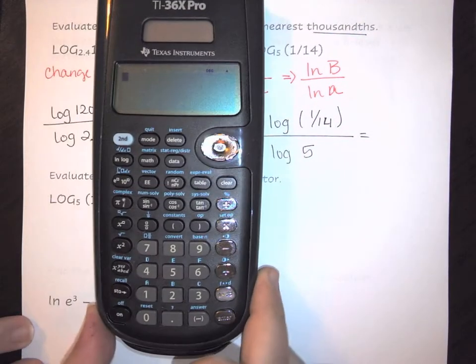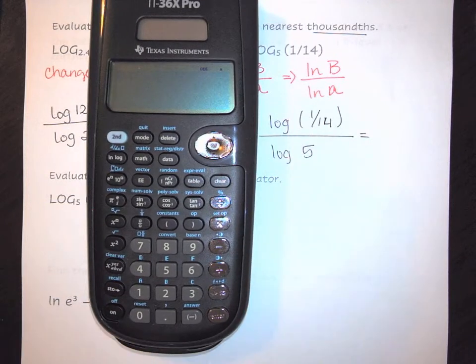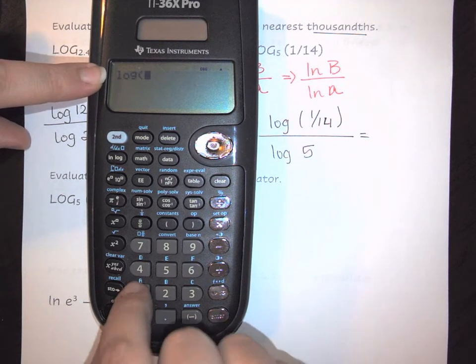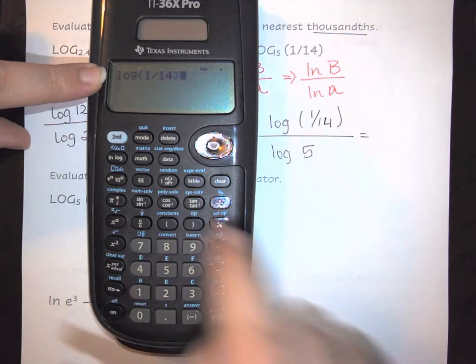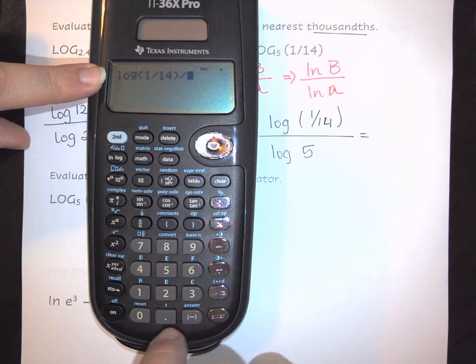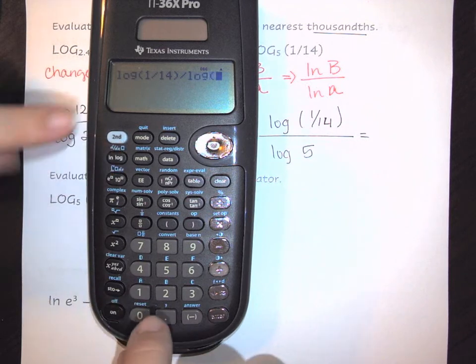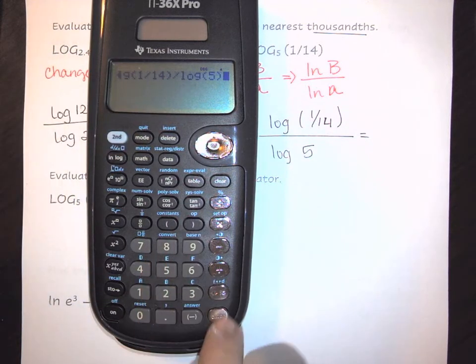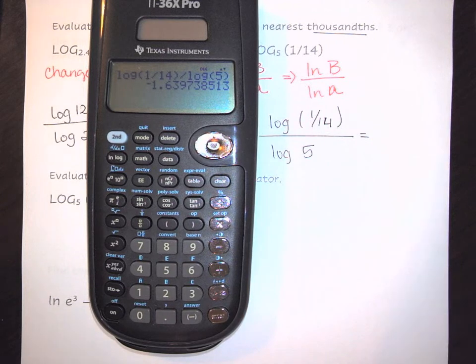And we're going to do the exact same thing that we just did. So we're going to hit our log button so the log shows up, and notice it says log. Then here we want to do 1/14, so 1 divided by 14, and close it. Then we're going to divide, and we want log of 5. So again notice my window says log, and this is 5, and hit enter, and there we go.